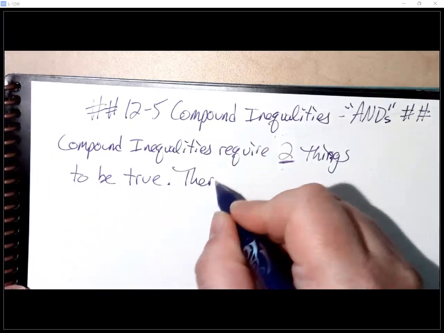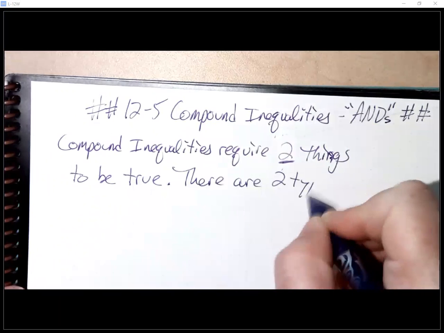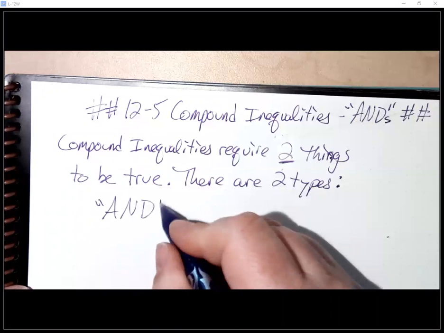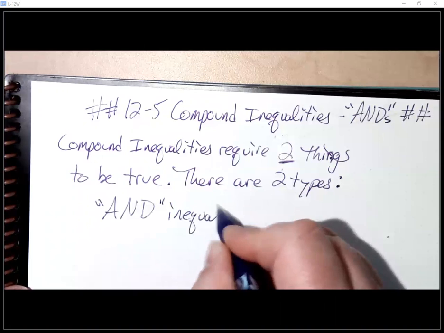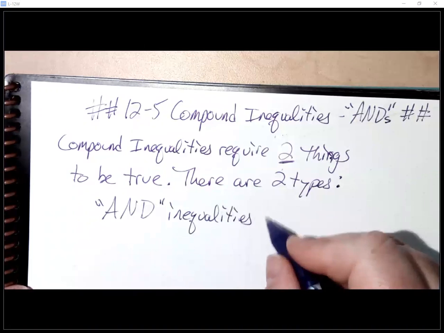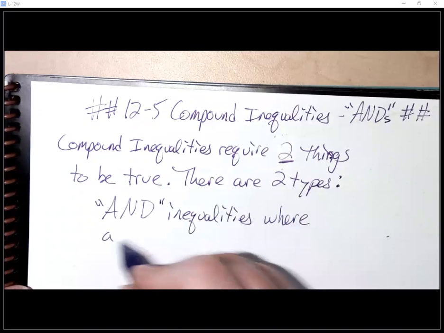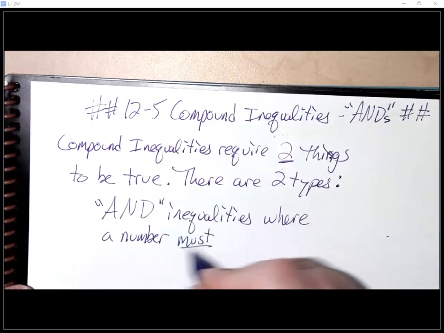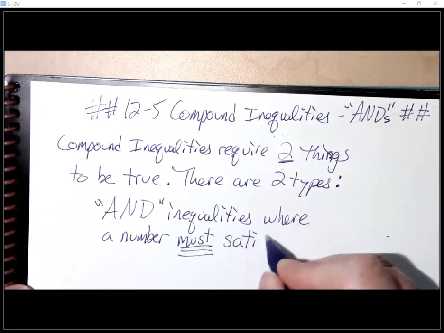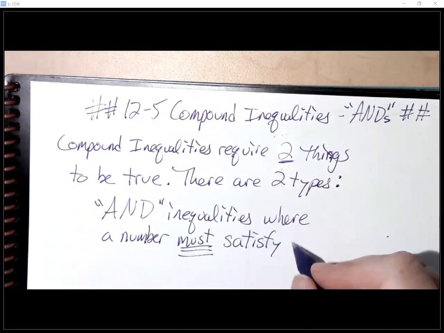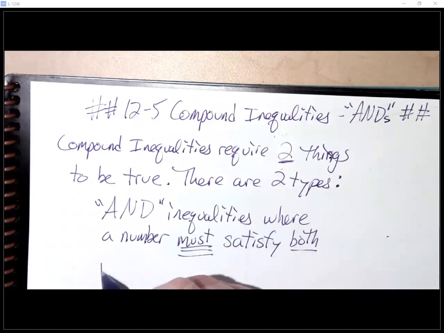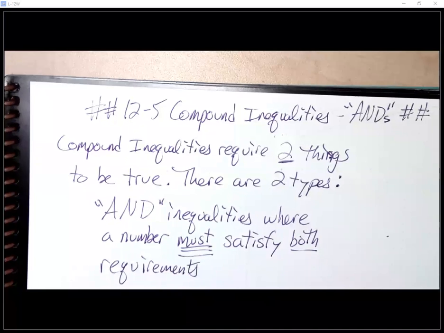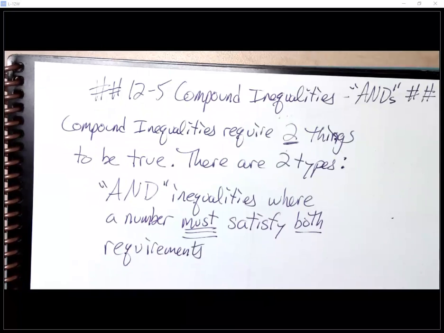There are two types. And inequalities, where a number must satisfy both requirements. So before I talk about the other type, let me show you some examples.